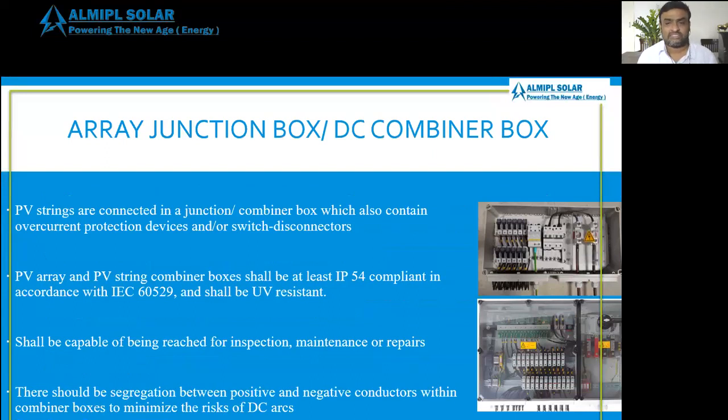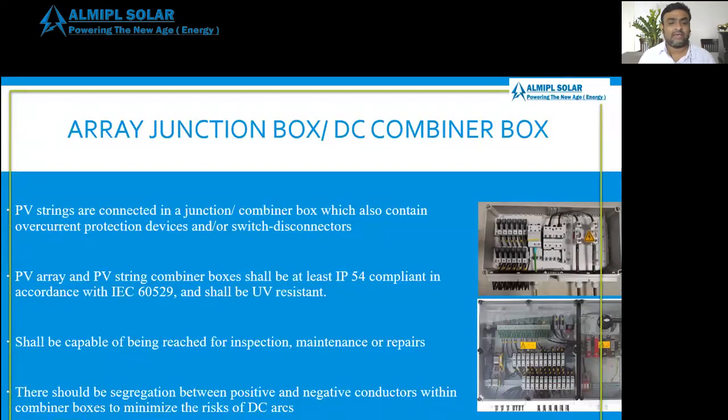Array junction box. This is a sample junction box. PV strings are connected in the junction combiner box, which also contains overcurrent protection devices and a switch disconnector. The PV array and PV string combiner box shall be at least IP65 compliant in accordance with IEC 60529 and shall be UV resistant, capable of being reached for inspection, maintenance and repairs.